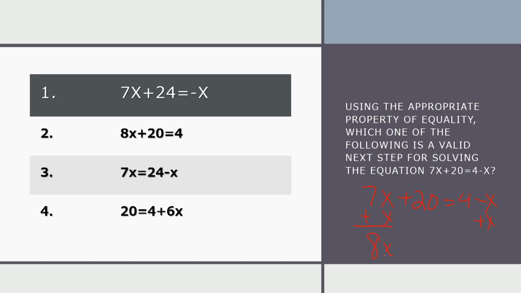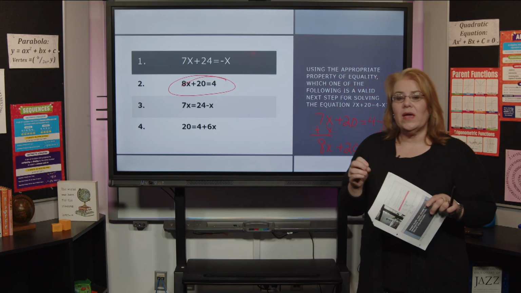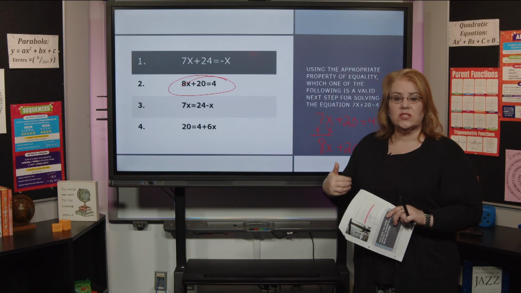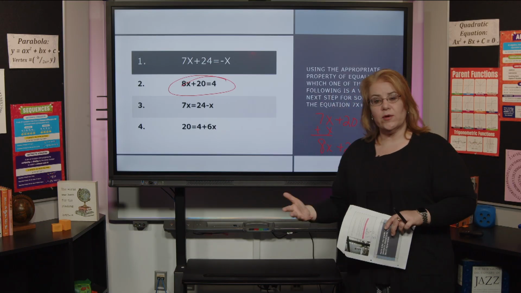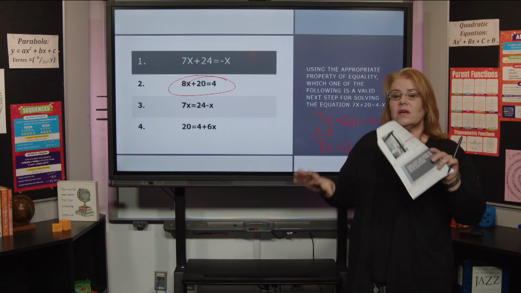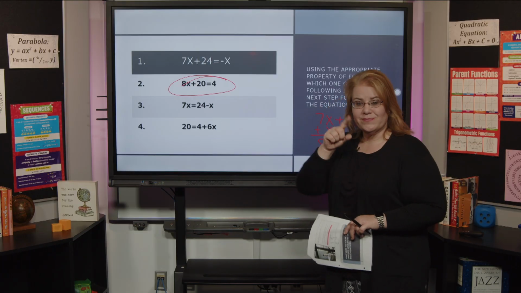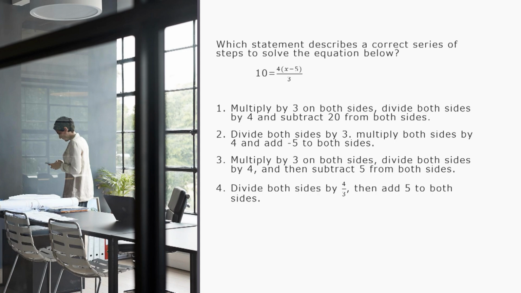I have 8x plus 20 equals 4. Do I have that step? Yes, I do. So we need to make sure that we understand there's multiple ways of starting our equations. We can get our numbers together first, or we can get our variables together first. So you always want to try it both ways to see which step it's asking for. Good job. Let's look at the next one.